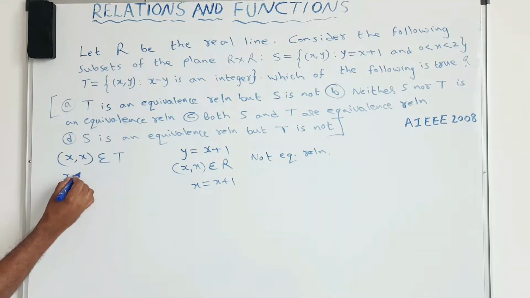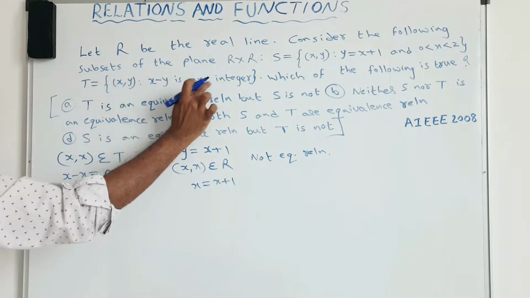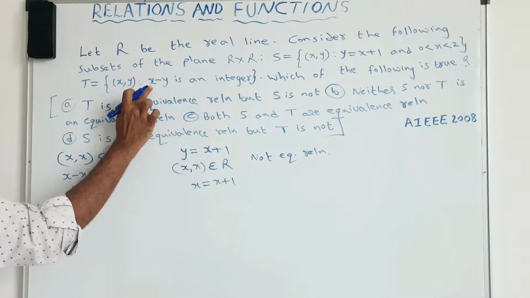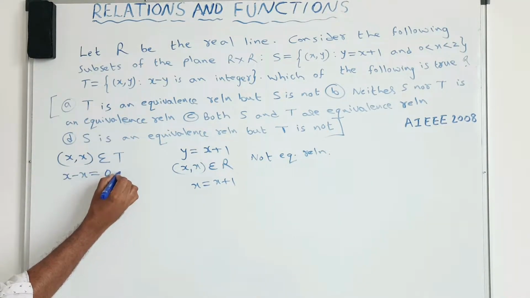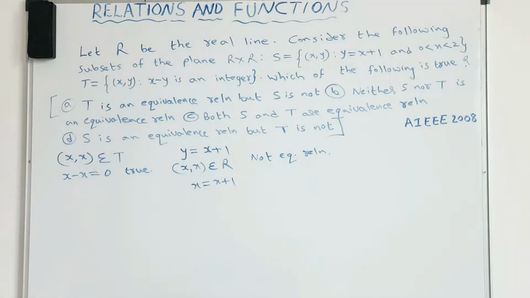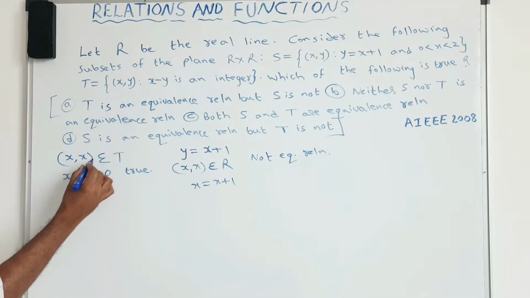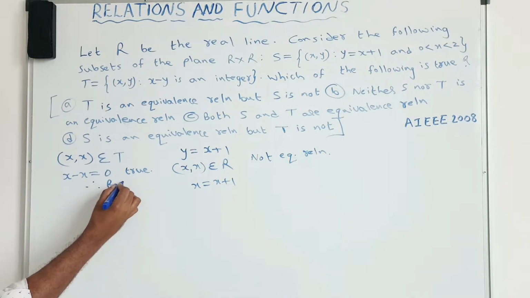So it will become x minus x, which is equal to 0, because here the relation is x minus y is an integer. I substituted x and y as x itself. So x minus x equal to 0, which is an integer. This is true, because 0 is an integer. So I got x comma x belonging to this relation T, therefore it is reflexive.